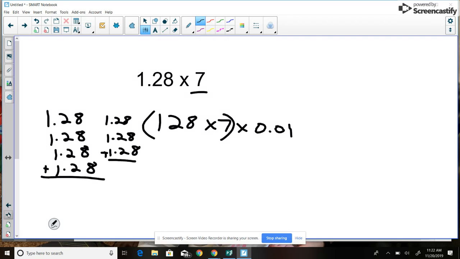So we could show repeated addition, we could show multiplication with whole numbers, and then adjust to get 100 times less, or what we call 100th times greater.